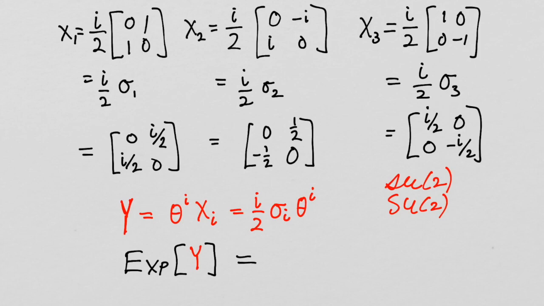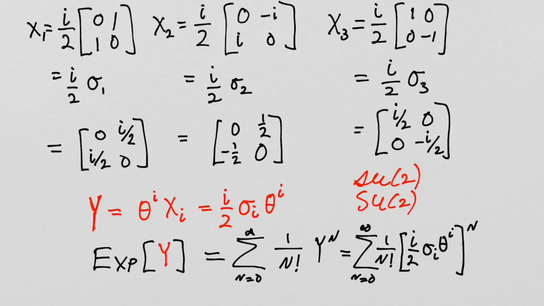So we go immediately to the definition of the exponentiation, which is the sum from n equals 0 to infinity of 1 over n factorial of y to the n. And that obviously equals this thing. I substitute for y^n, I substitute this.